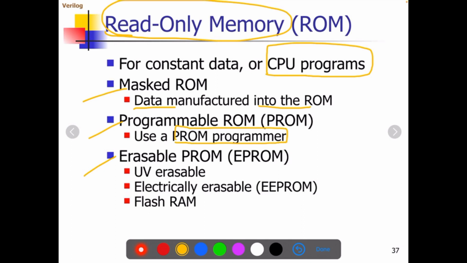In erasable ROM we can write the data into the ROM and also delete the contents through UV, that is, ultraviolet rays made to fall on the memory to erase its contents. In electrically erasable ROM, by passing electrical signals it is possible to remove the contents of the memory. And there is also another type called flash RAM.